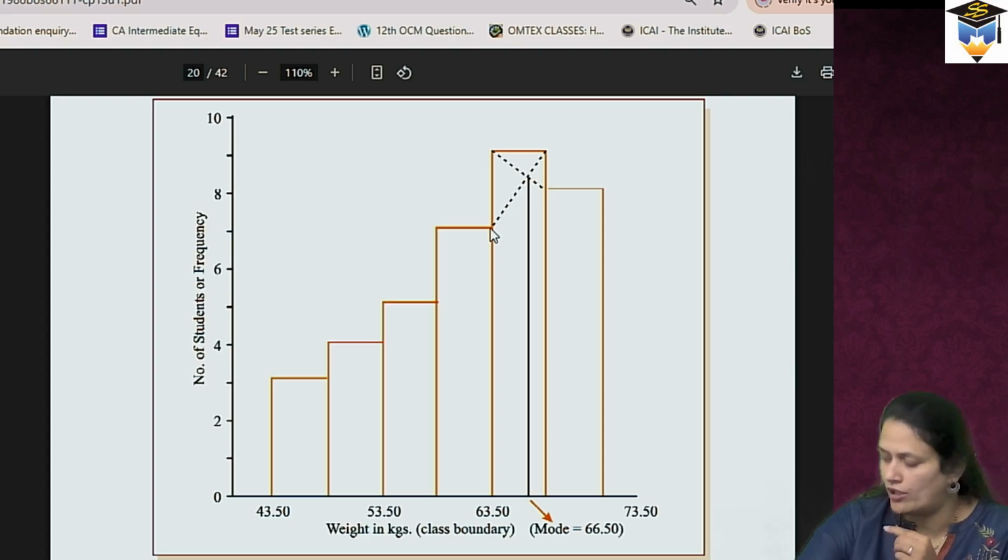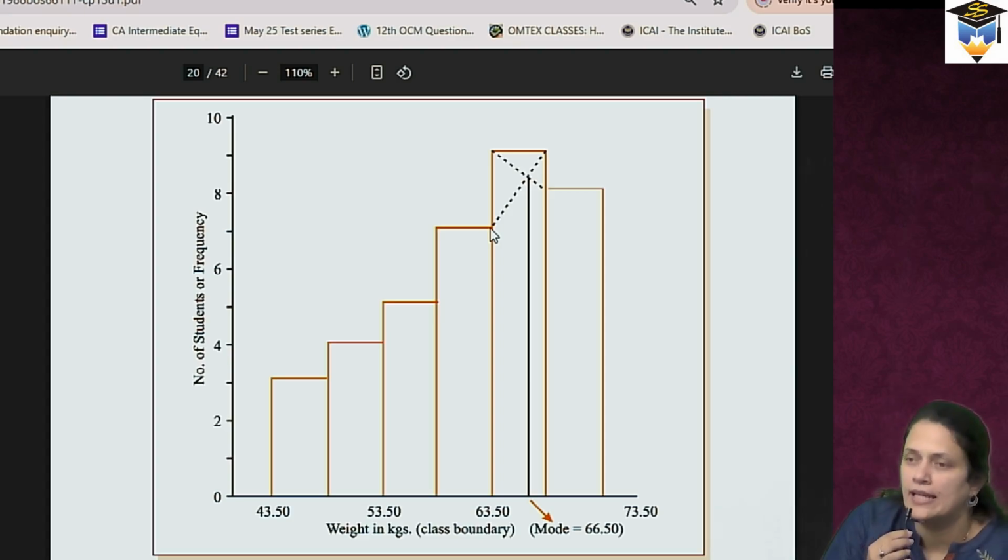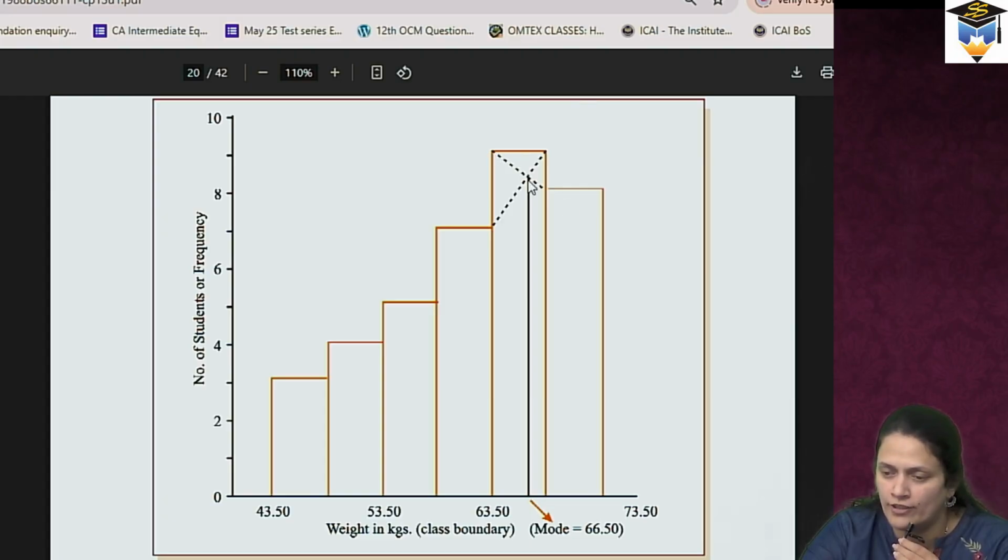Now you can see two lines are drawn over here, one is this, one is this. The point where these two lines meet, draw a line down to the x-axis and find its value, which comes out to be 66.50 in this case. Understood?